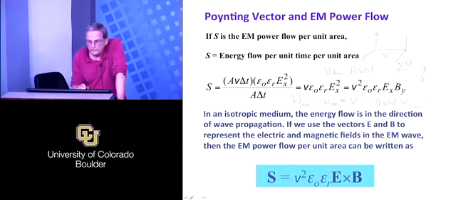This thing here is the volume, and there's the energy density over there, so this is the total energy. And then down here it is divided by the area, so it becomes energy per unit area per unit time, which becomes power per area.